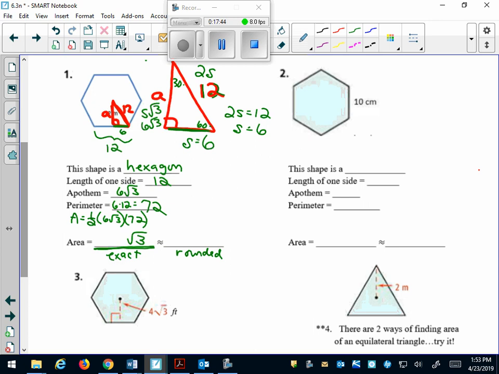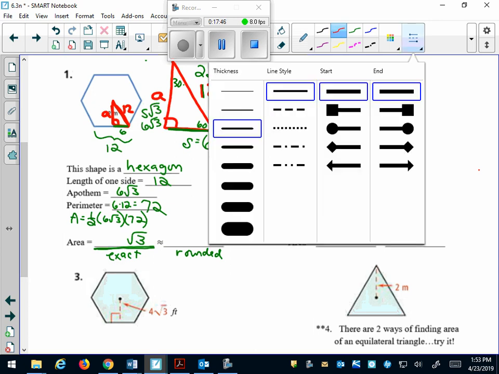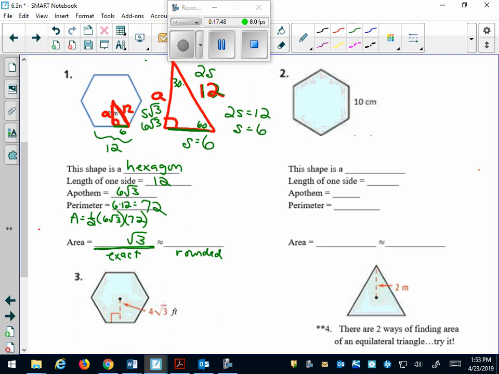What's 1/2 times 6 times 72? 216, I think, right? 216 root 3. This was meters, so square meters. Now just plug 216 root 3 into your calculator, and you'll get your approximate 374.12. Again, square meters.